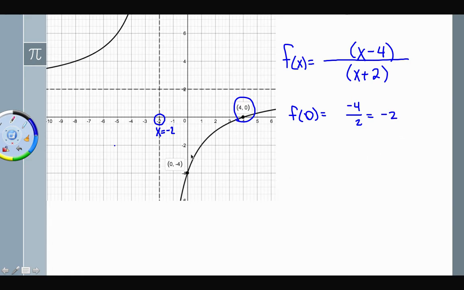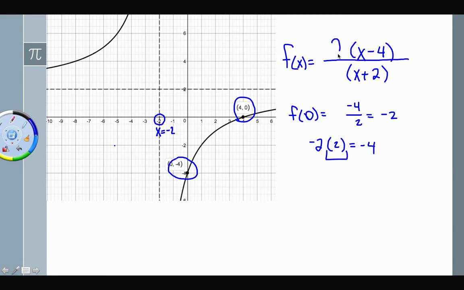The problem is the graph has a y-intercept of negative 4. But I know if I took negative 2 and multiplied it by 2, I would get negative 4. That right there is your compensation step.